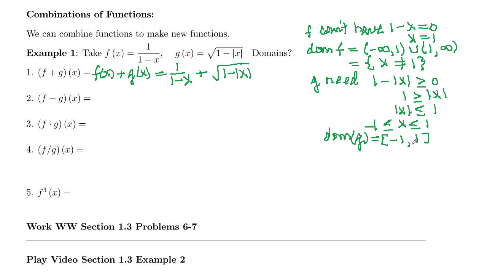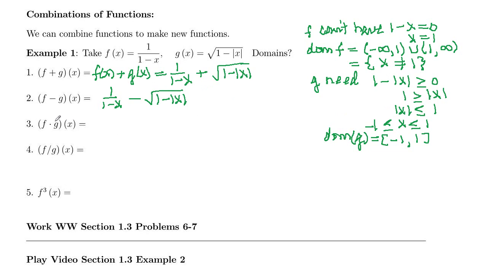So it's going to be everything in negative 1, 1 that's not equal to 1. F minus g at x, so you're going to do f of x minus g of x. So this will be the 1 over 1 minus x, and then we'll subtract the root 1 minus absolute x.